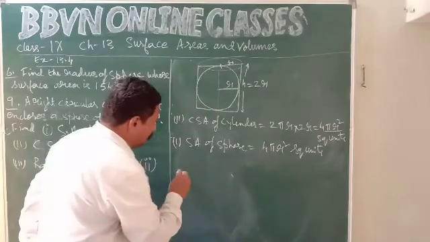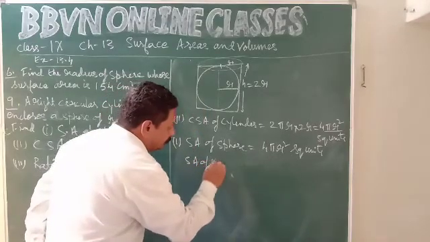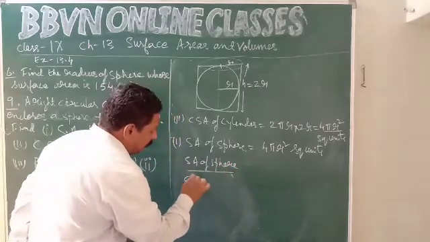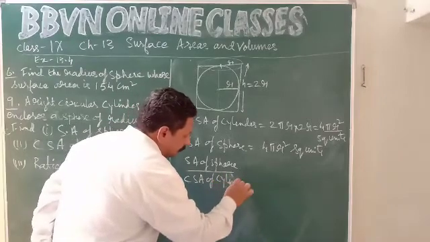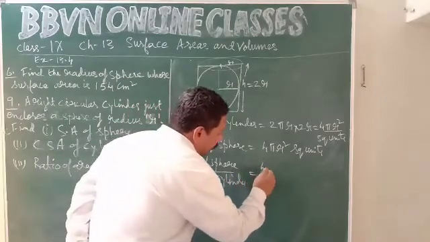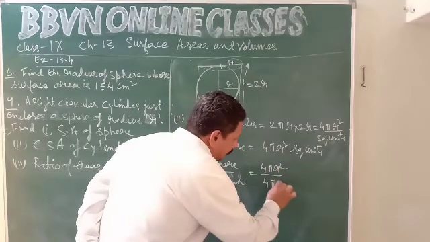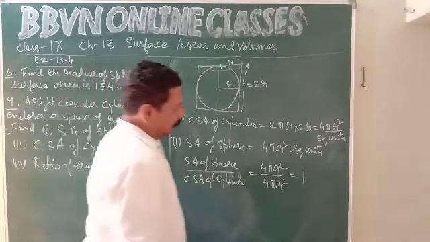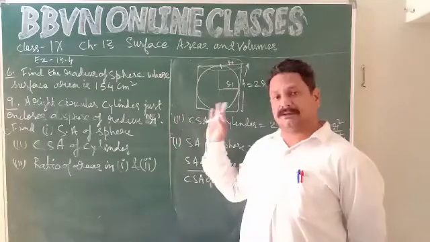So ratio of point number 1 is surface area of sphere with curved surface area of cylinder. Both the quantities are same, 4 pi r square upon 4 pi r square. So this ratio turns out to be 1. Okay. So these were few questions which were based on this sphere.